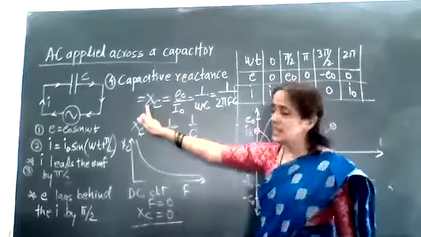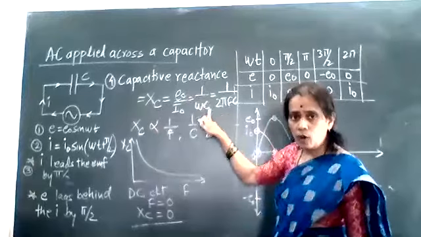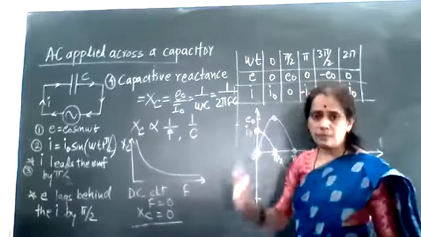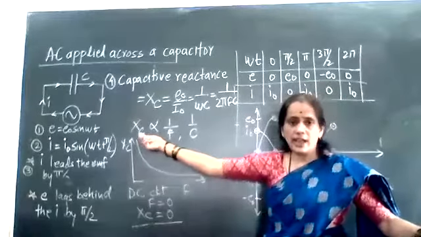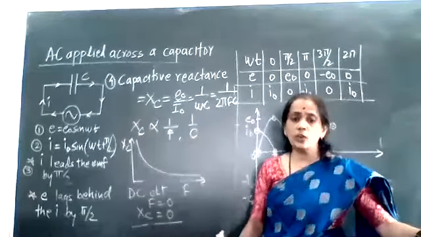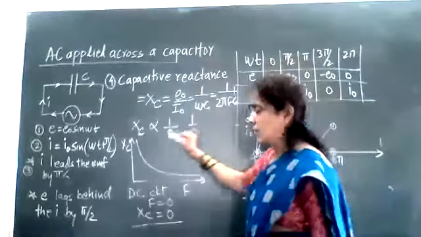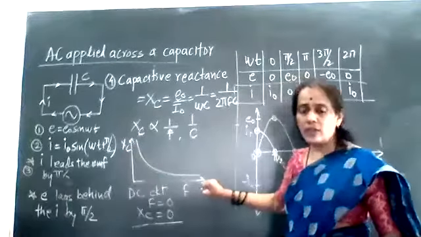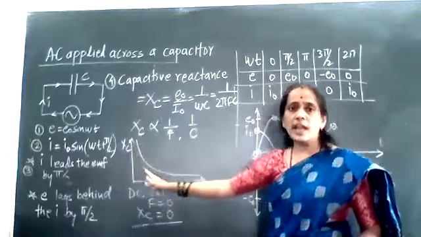That capacitive reactance is denoted by XC, which is equal to 1 upon omega C, which is equal to 1 upon 2 pi FC. Therefore, I can say that capacitive reactance is inversely proportional to frequency and capacitance. So here I can say that if I plot a graph of reactance and frequency, then the nature of that graph is the exponential.